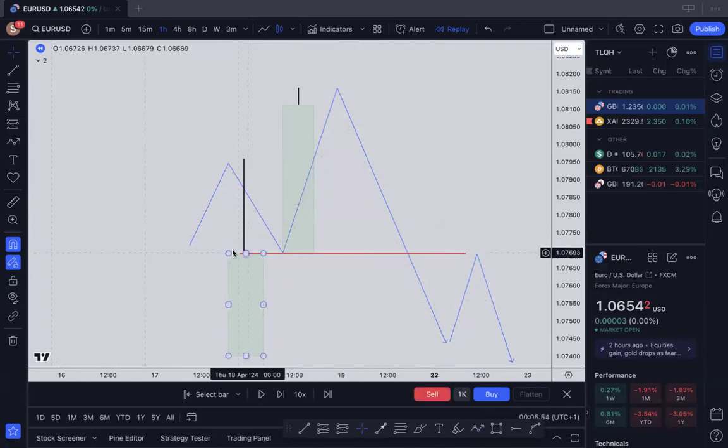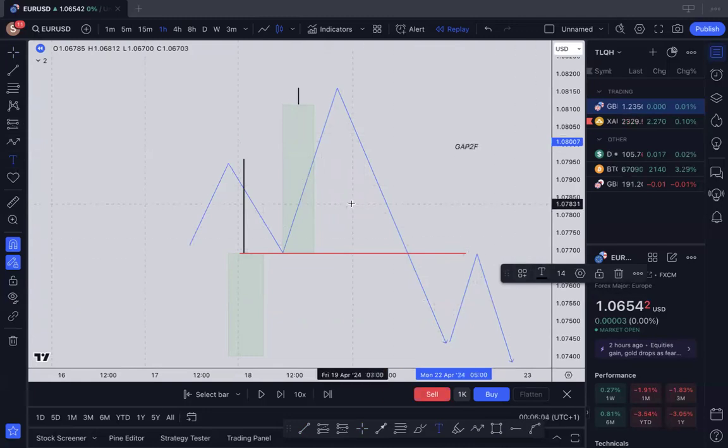And so this is what we call the gap flip. Now we only really use these when there is a QM, because otherwise we'd be drawing lines all over our chart. These are when they're the most powerful.